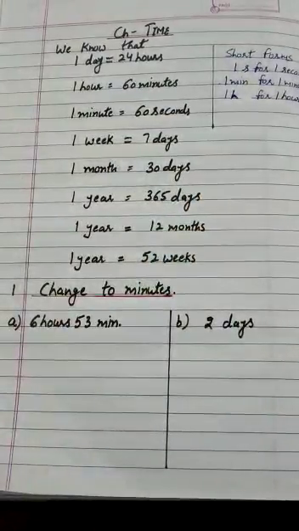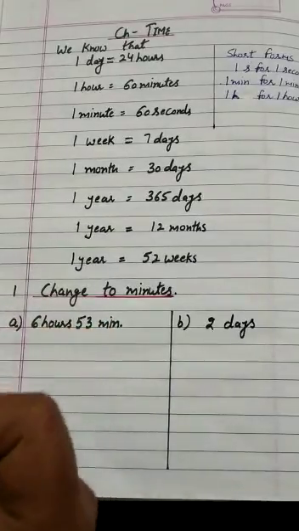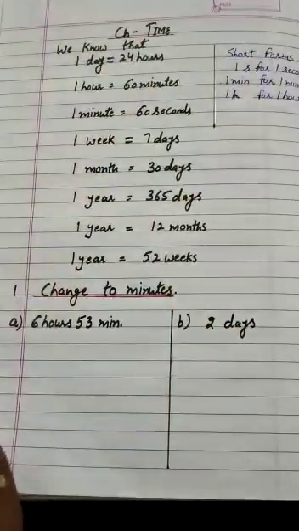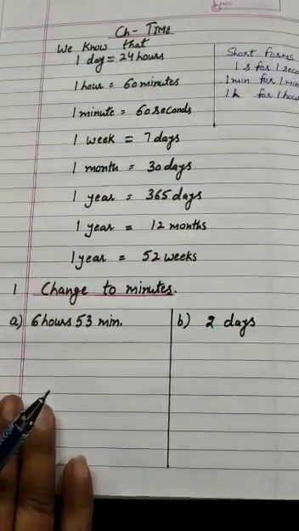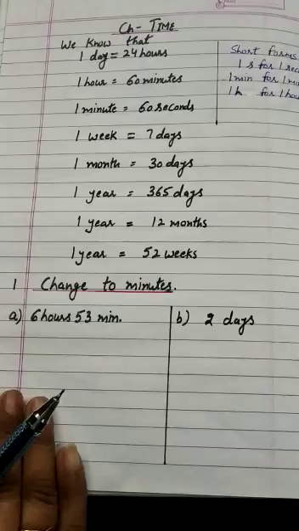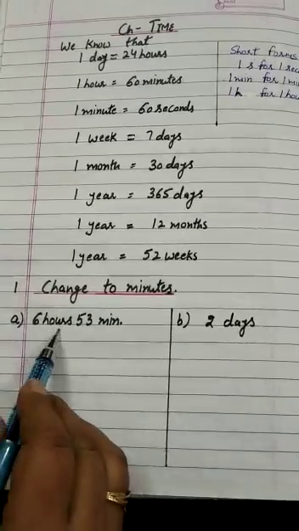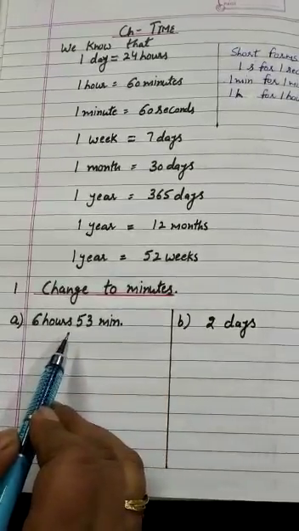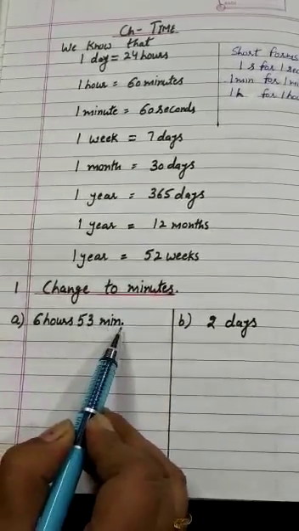Students, to do the conversion of time, we should know all these basic relations. Now, first of all, we convert hours into minutes. Here you have been given 6 hours 53 minutes.